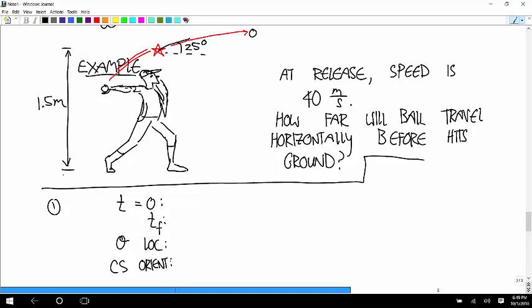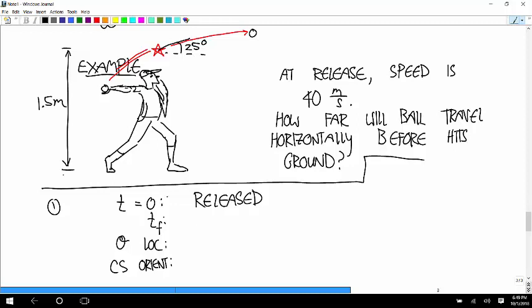Time equals 0. What would you guess that's going to be? Time equals 0 is going to be when the ball's released, just like it would be in a 1D problem. Time final is when it hits the ground, and both of those are based on where you have information and where you want information.